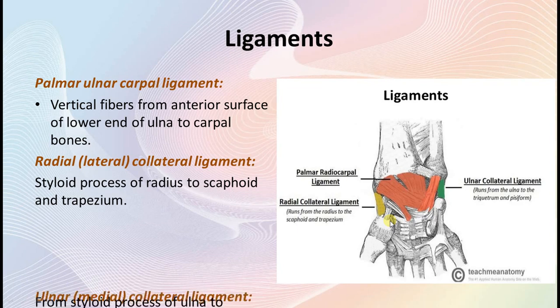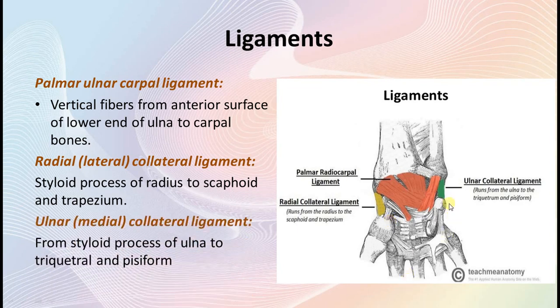The next ligament is going to be the ulnar or medial collateral ligament from the styloid process of the ulna, and it goes to the triquetrum and the pisiform bone. The radial collateral ligament is attached to the scaphoid and trapezium from the styloid process. The ulnar collateral ligament extends from the styloid process of the ulna to the triquetral and pisiform bone.